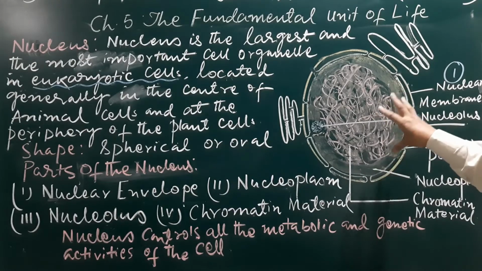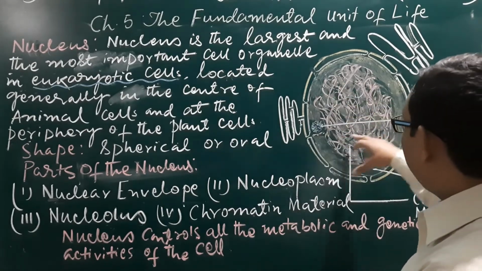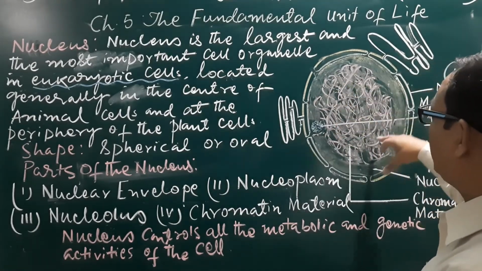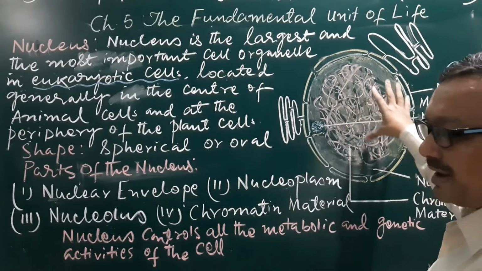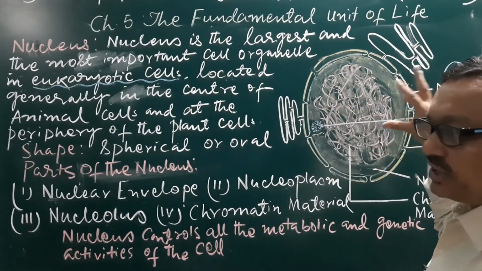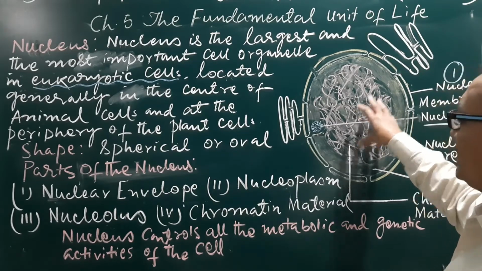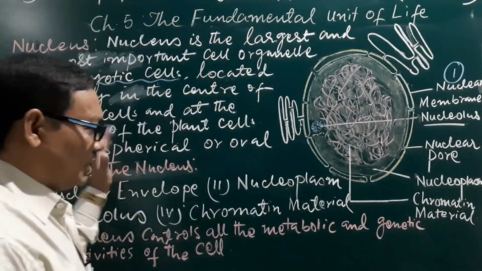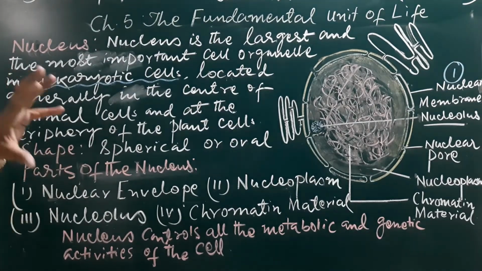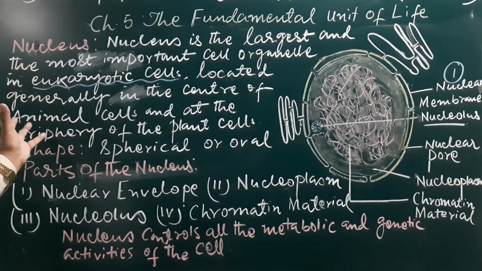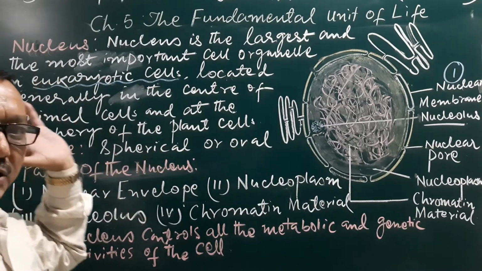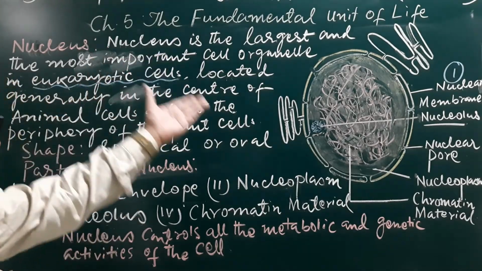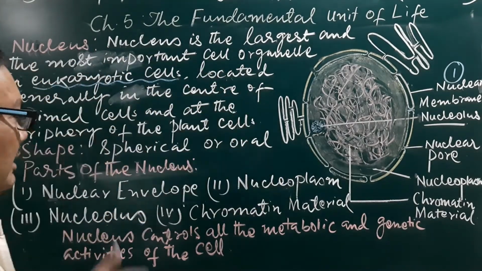Only the nucleoid is present, that is the chromatin material, the genetic part of the nucleus in the case of the prokaryotic cell. We may see what the structure of the nucleus is in the prokaryotic cell, and have a look here at the eukaryotic cell.